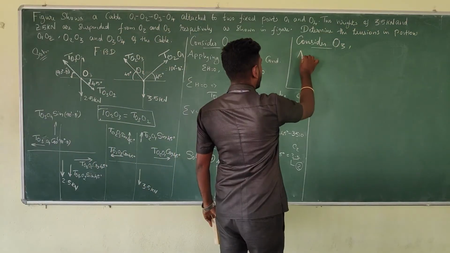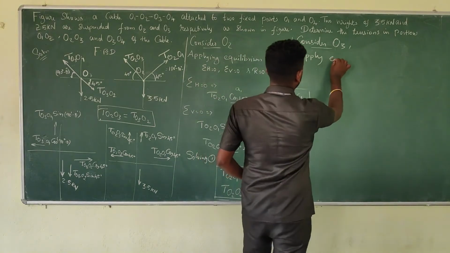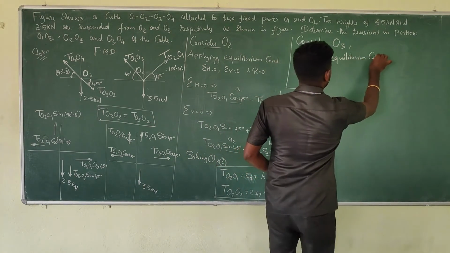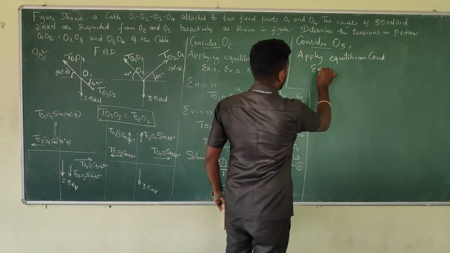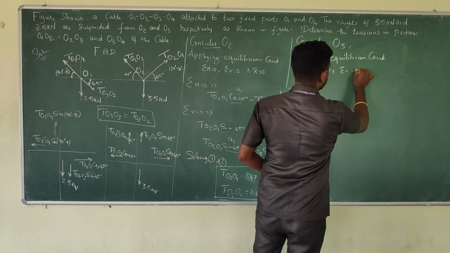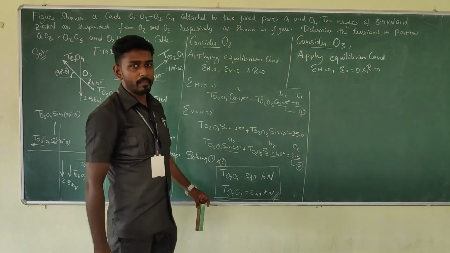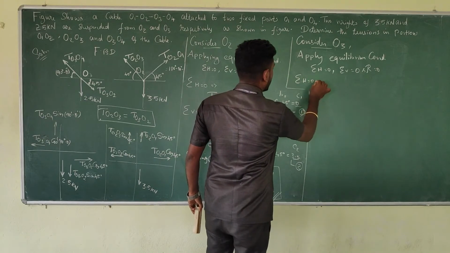What is the next? Apply the equilibrium condition. We know the equilibrium condition is nothing but the sum of horizontal forces equal to 0, the sum of vertical forces equal to 0, and the resultant force equal to 0. Let us first apply the sum of horizontal forces equal to 0.